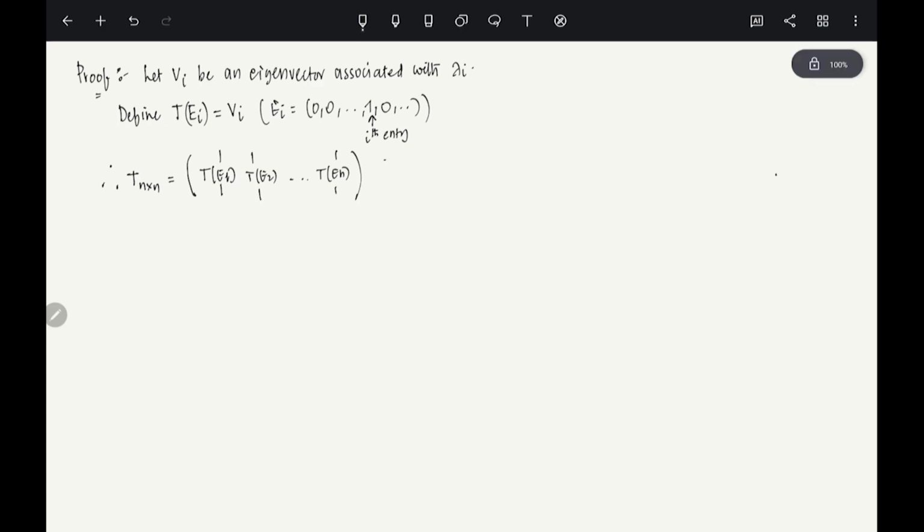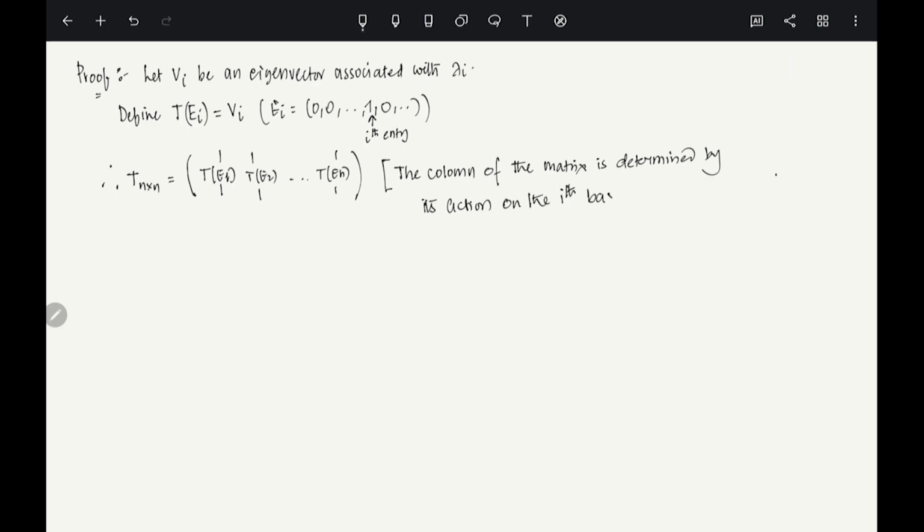So basically the columns of the matrix are determined by its action on the ith basis vector.